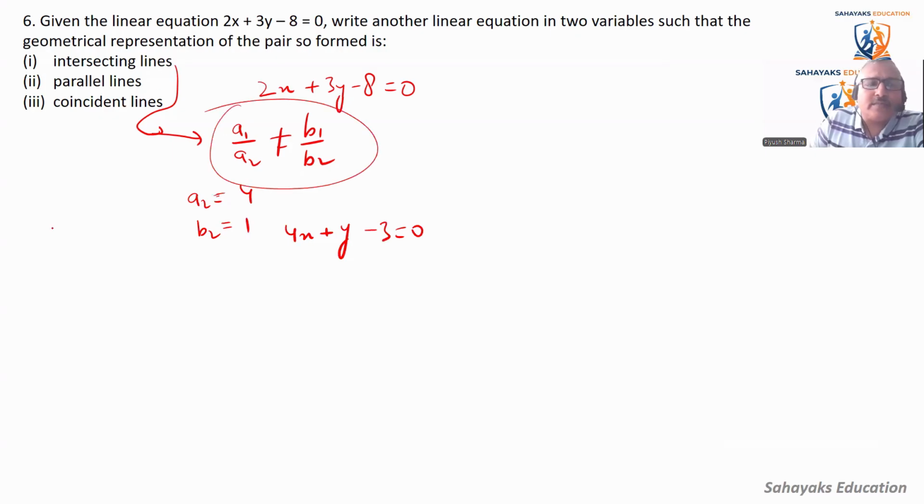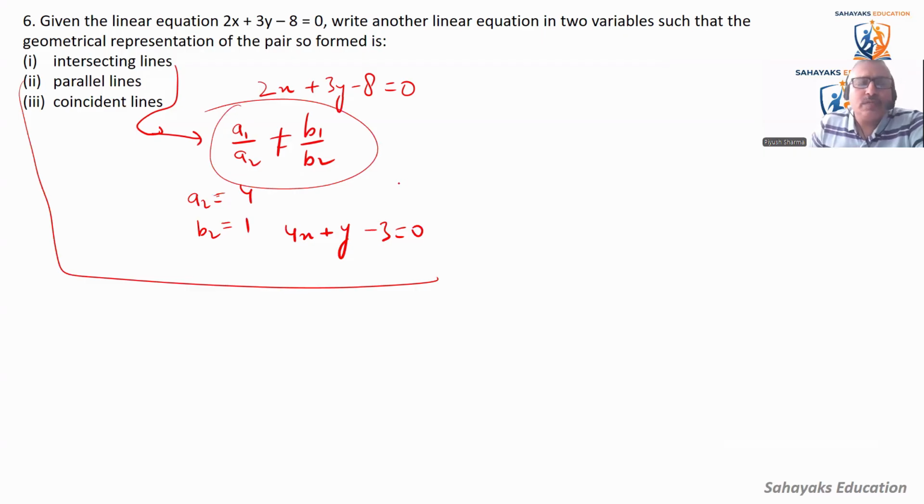Now, coming to parallel lines. For parallel lines, we know that A1 by A2 should be equal to B1 by B2, but it should not be equal to C1 by C2. So we know that A1 value is 2. So I'll just take A2 again as 4. Now I'll take B2 as 6 so that the ratio becomes same.